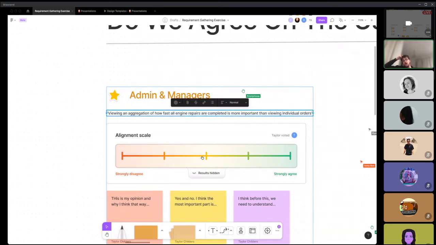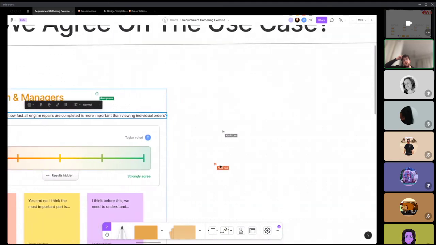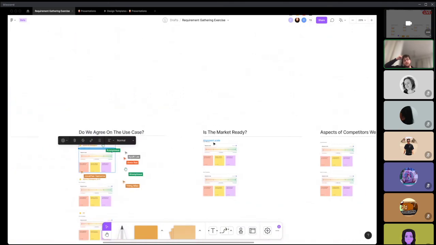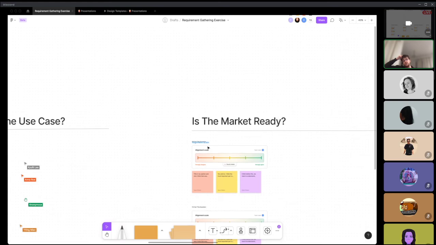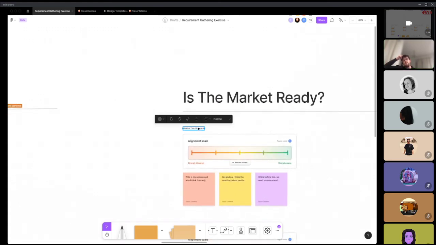Have them vote on it and see what they think. And again, I would go through all of these questions. So a market question might be something like, I'm just showing you examples right now. You can change these to fit whatever your context is. It's more just to explain the kinds of questions I will be asking.